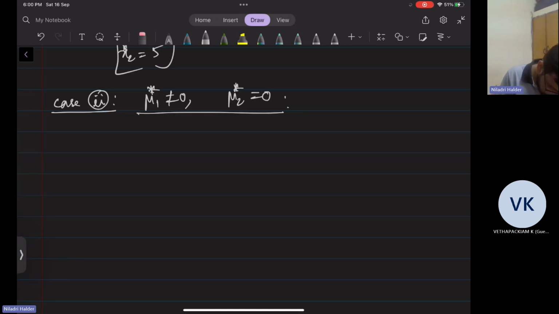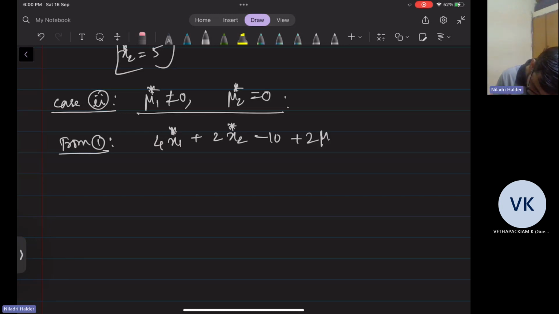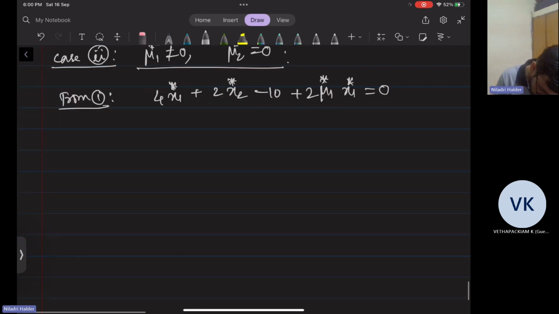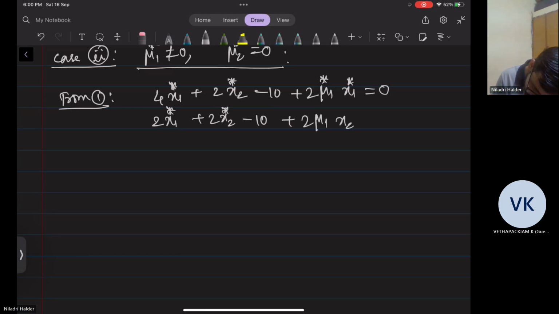So now from 1, you will get 4x1 plus 2x2 minus 10 plus 2 mu1 x1 is equal to 0, and 2x1 plus 2x2 minus 10 plus 2 mu1 x2 will be 0.